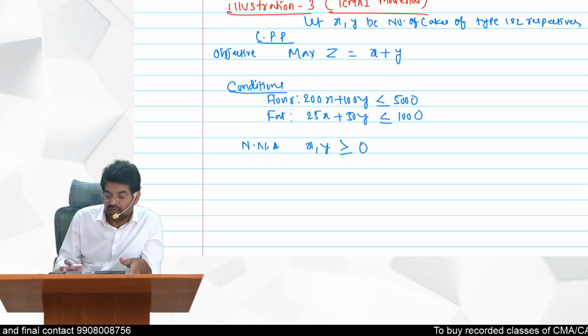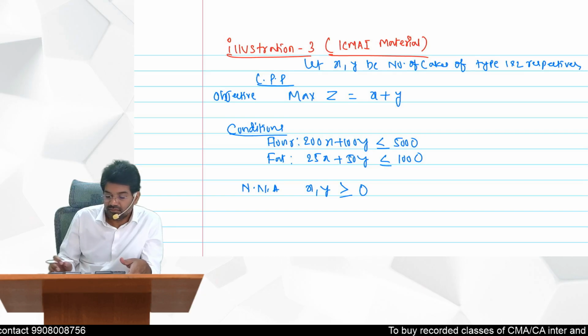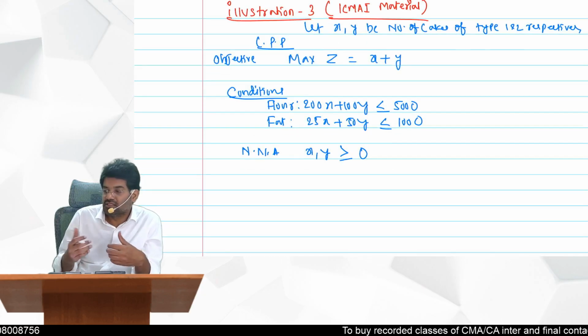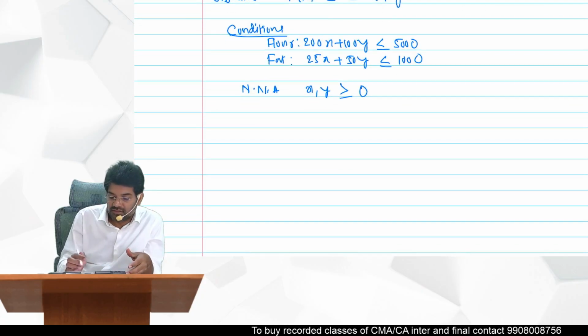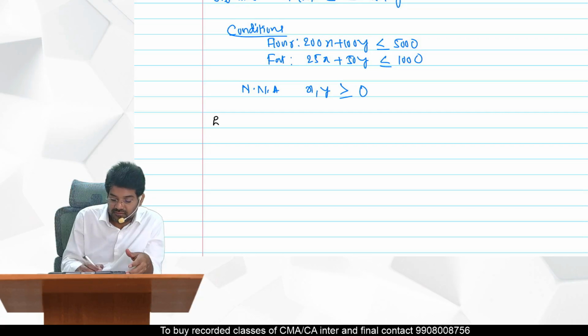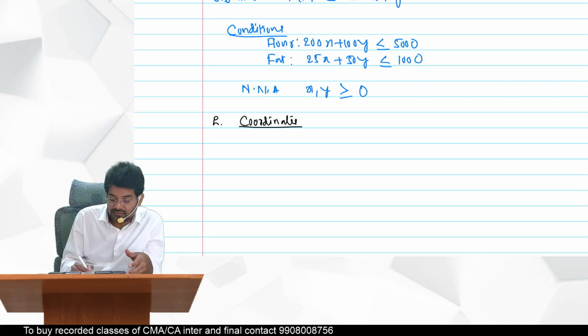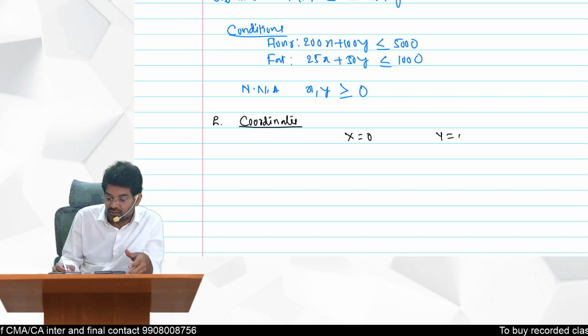Okay, now we will convert these inequalities into equalities to get the coordinates here. Next thing is coordinates for each equation. So if x is equal to 0, y is equal to 0, what are the coordinates we'll take?